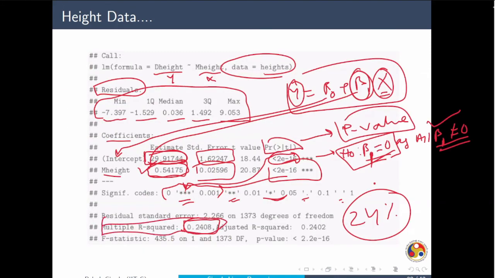The F statistic and p-value of this model are there, so the model is significant, but the R square is not too good for our purpose, even though we find the model is significant.